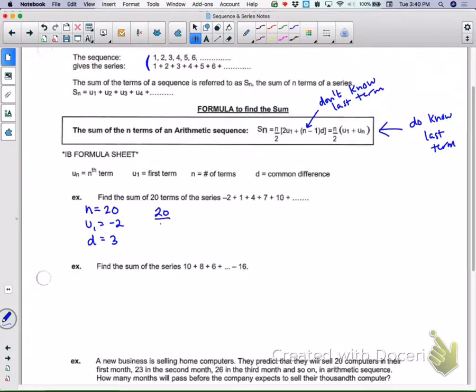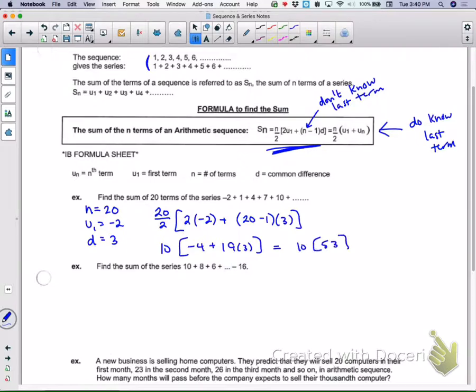So 20 over 2, I'm using this first formula right here, is equal to 2 times the first term plus 20 minus 1 times 3. And then I just do the math. So 10 times negative 4 plus 19 times 3, excuse me, that's going to be 10 times 53, which is 530. Again, see if that answer makes sense. If you end up with a negative, that's not going to make sense.